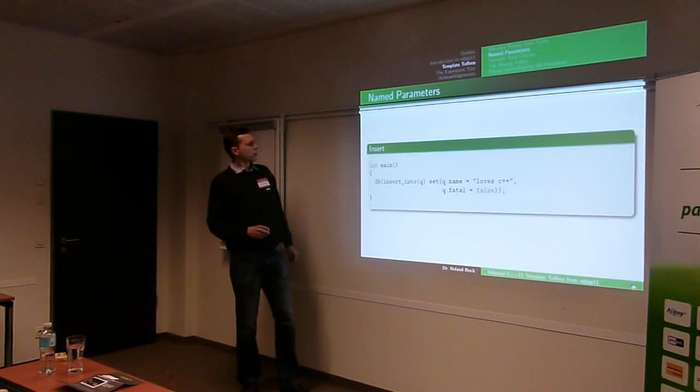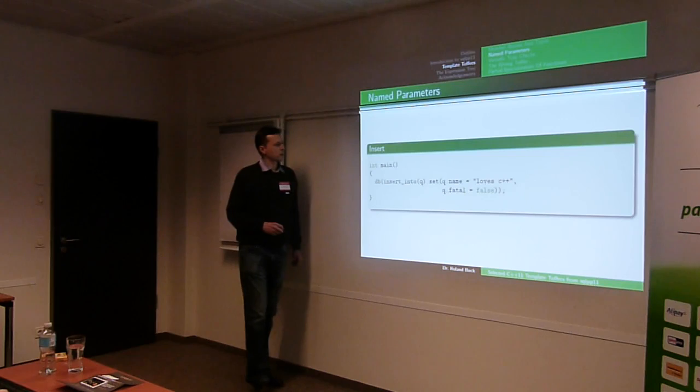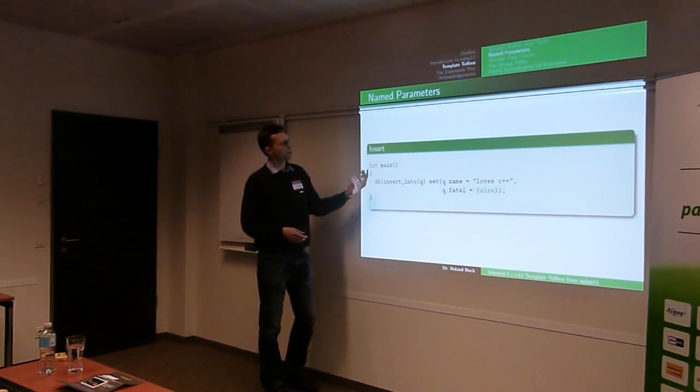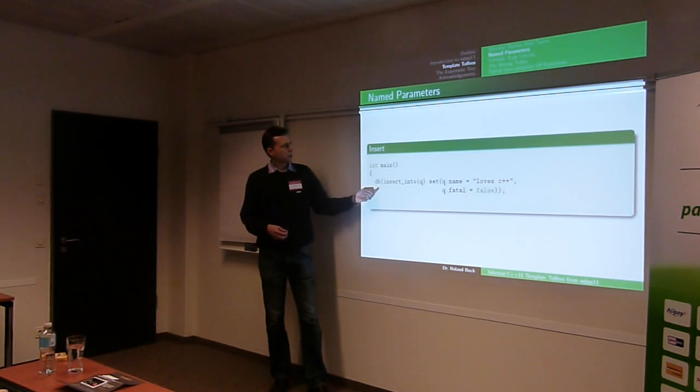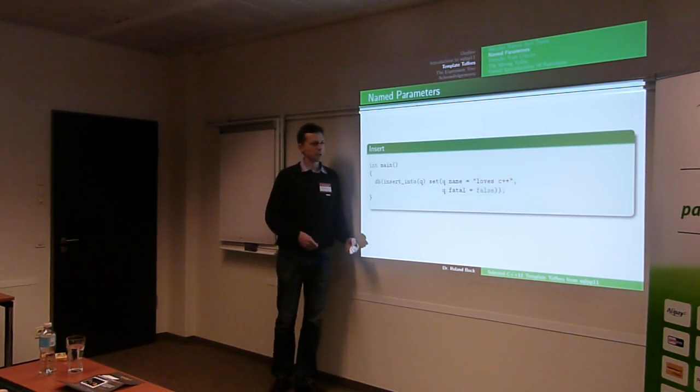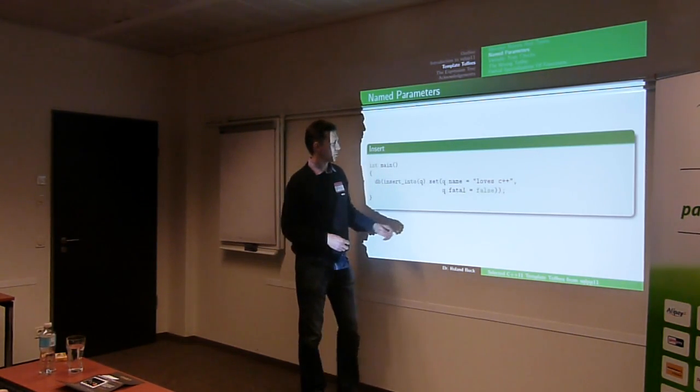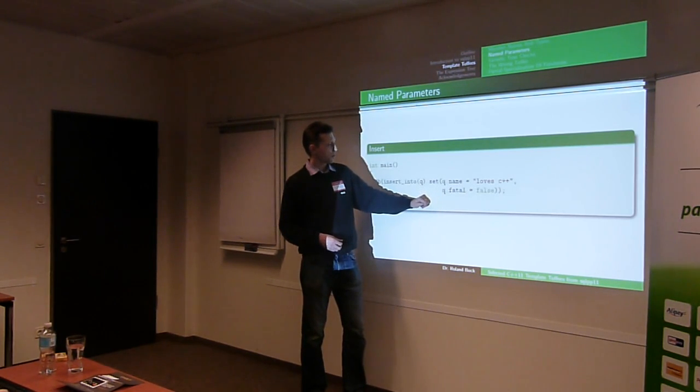During the last meetup, and this is kind of related to names and types, I think Franz said something like, named parameters, that's the one thing I'm really missing in C++, because Python and other languages that I use have named parameters.